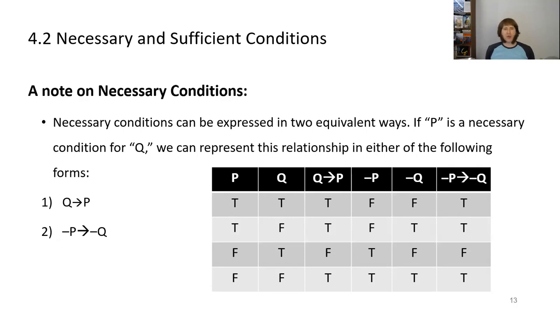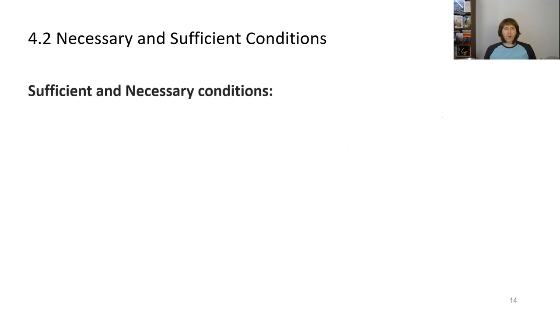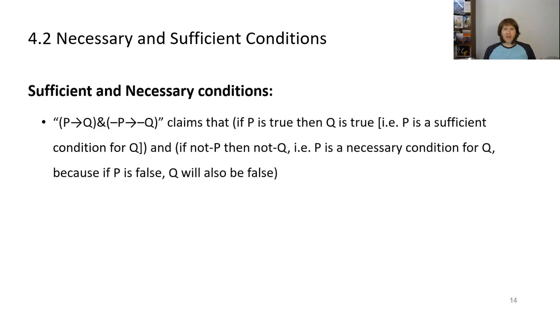We can represent that 2 ways. We can say formulation 1, if it's raining, then it's cloudy, right? Or formulation 2, if it's not cloudy, then it can't rain, right? If it's false that it's cloudy, then it's false that it is raining. And you can see the truth conditions on the truth table. Now, hopefully that still makes sense.